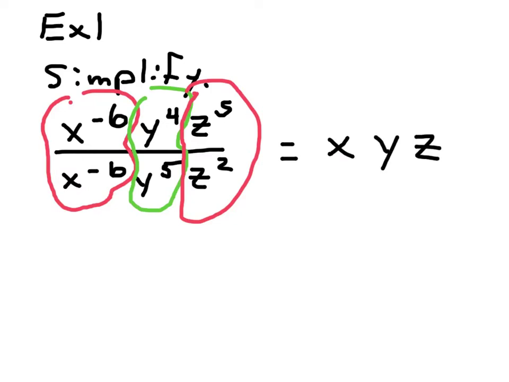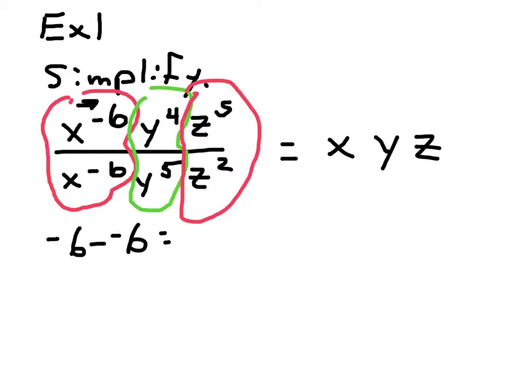So first, let's take a look at the x's. To divide x to the negative 6 over x to the negative 6, remember, you subtract the exponents. So I'm going to take negative 6 right here minus the bottom, negative 6.